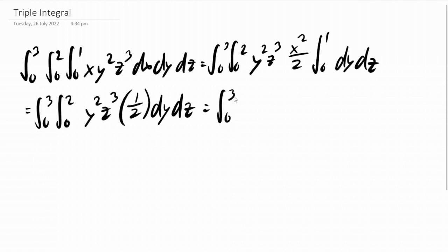So next, we will find the integral with dy now. So 0 to 3, z cubed over 2, just bring out the constants, and then the integral of y squared is y cubed over 3 from 0 to 2 dz.